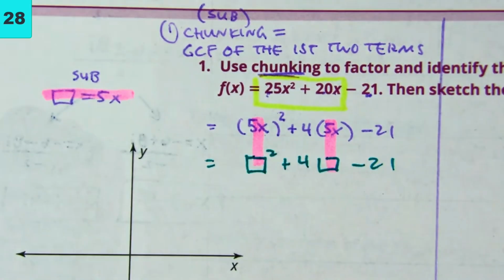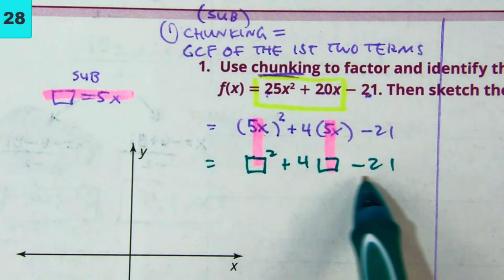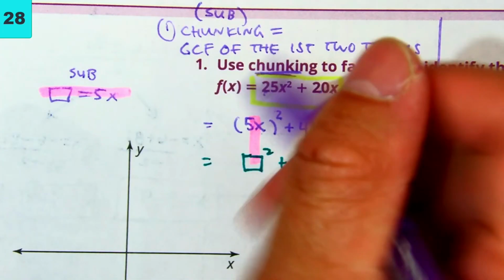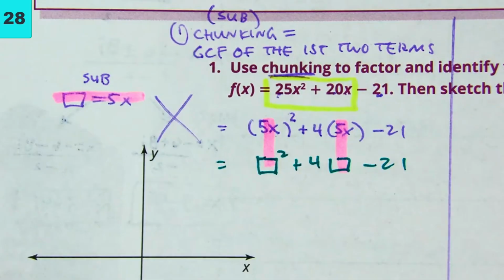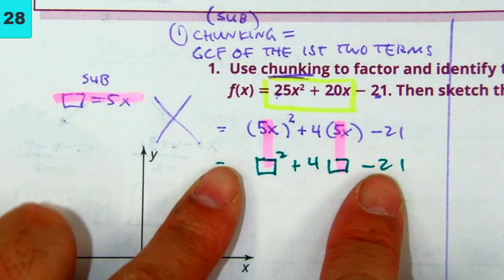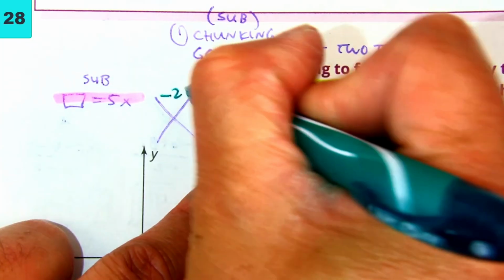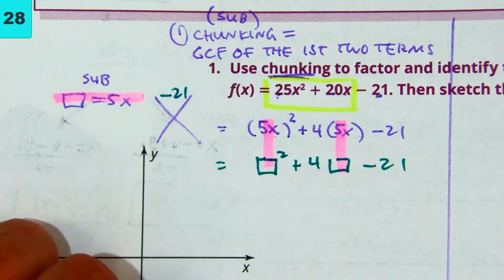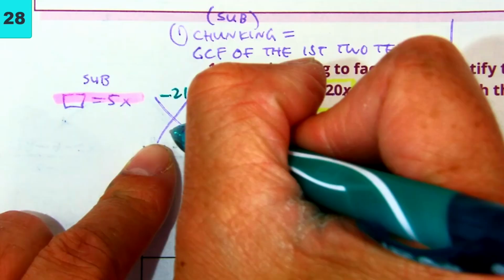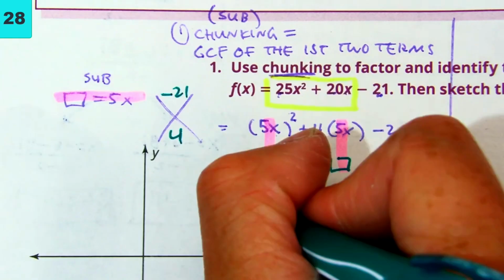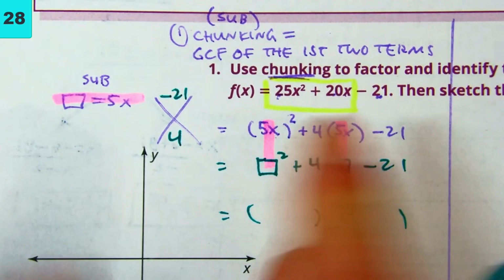Why did we do that? Now we have an easier problem to use the X method of factoring. Class, what's A times C? And class, my B value? It's 4. Partner B tell partner A, what are the two numbers that go there?